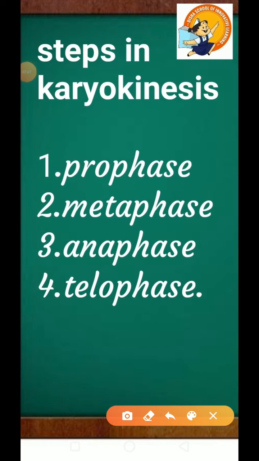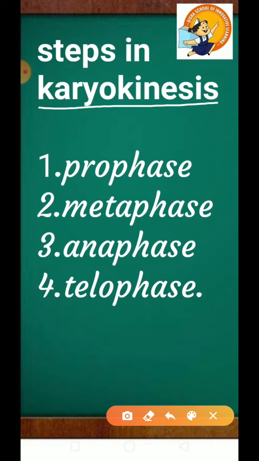We have seen that mitosis is completed in two steps, karyokinesis and cytokinesis. Again further, this karyokinesis is completed in 4 steps. Now we will see which are these 4 steps.